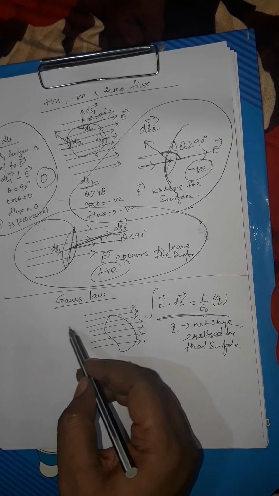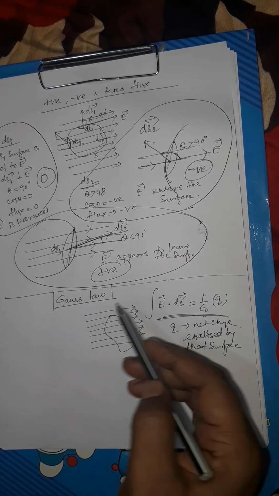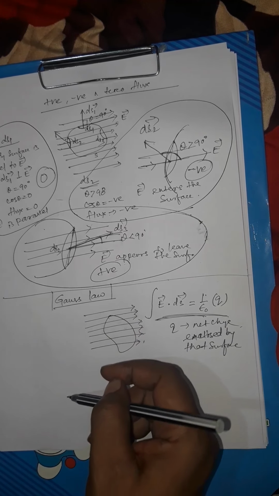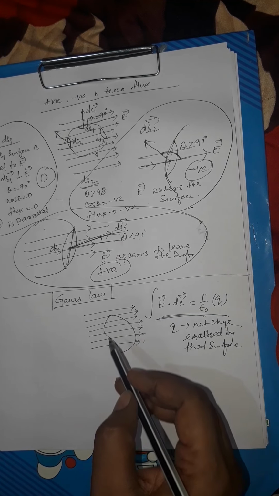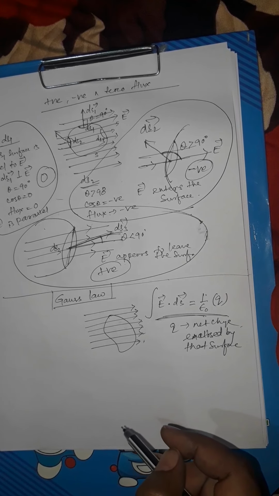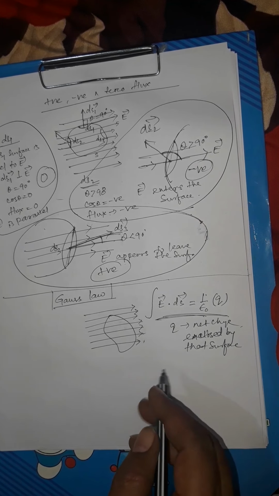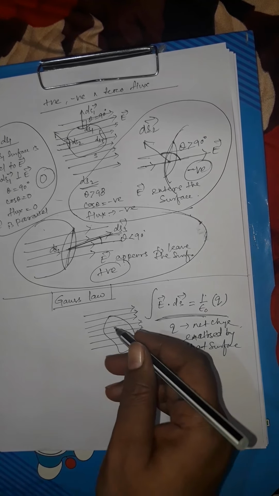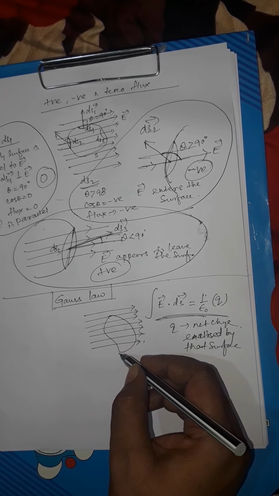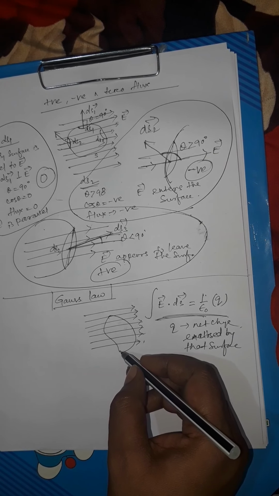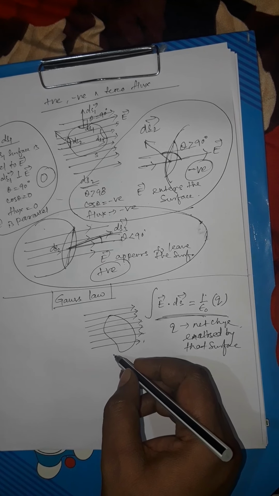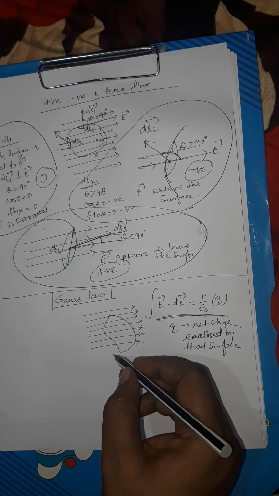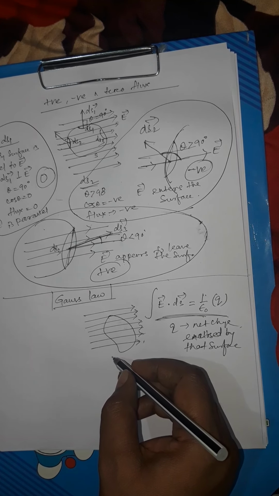The use of Gauss law here is to determine the electric flux through a closed surface in an electric field. By applying Gauss law, one can determine the electric field due to a particular charge distribution or group of charges.